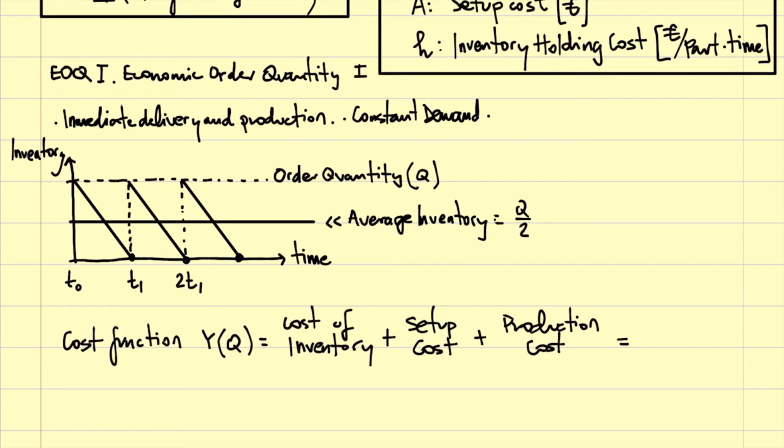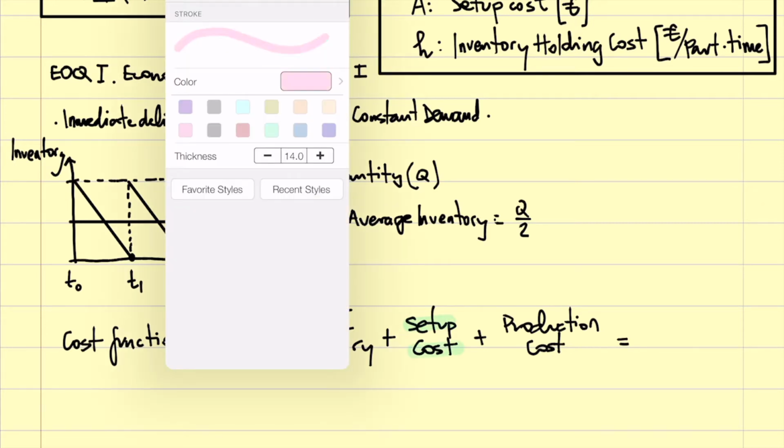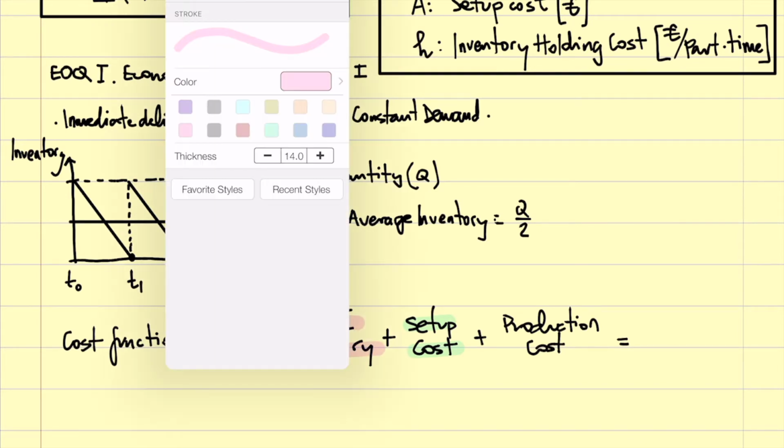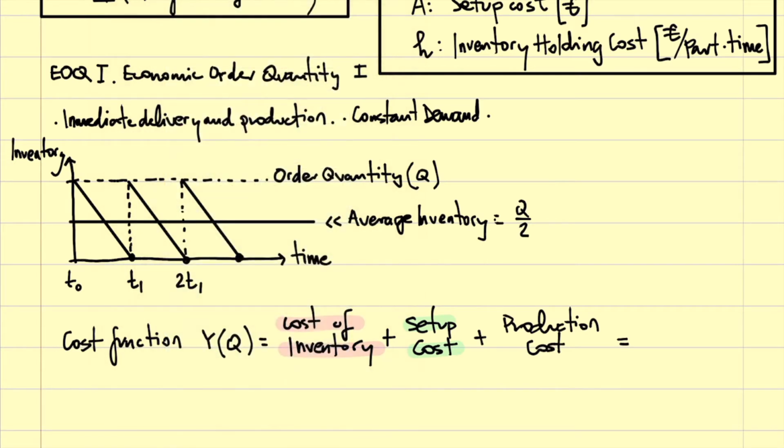If we take this with colors, say the cost of inventory is red or rosa, the production cost is purple, and the setup cost is green.